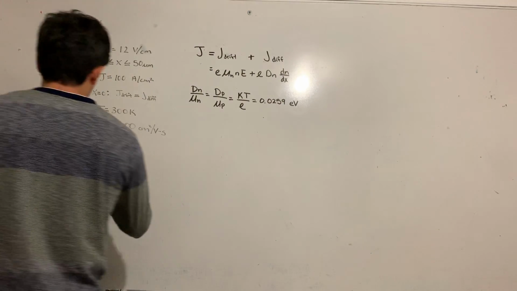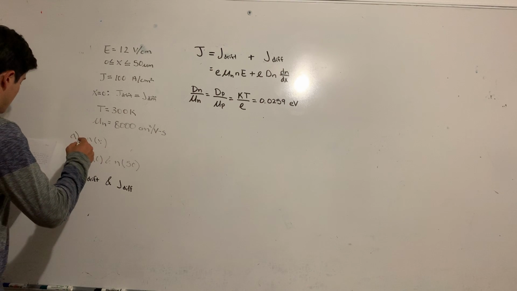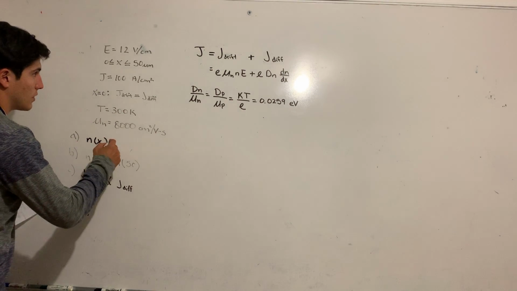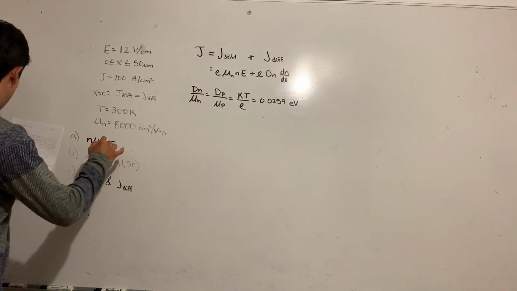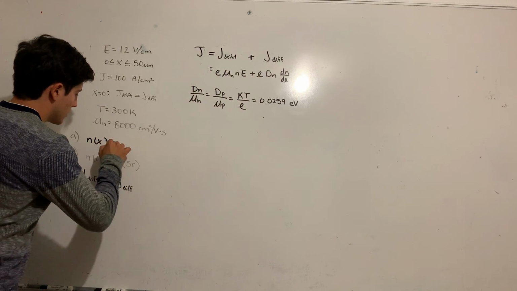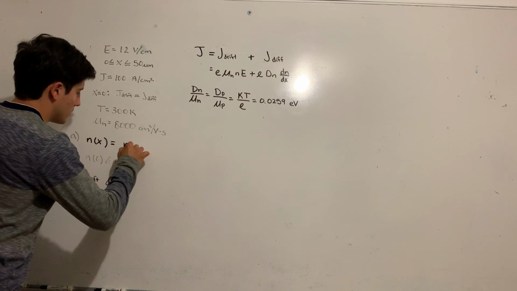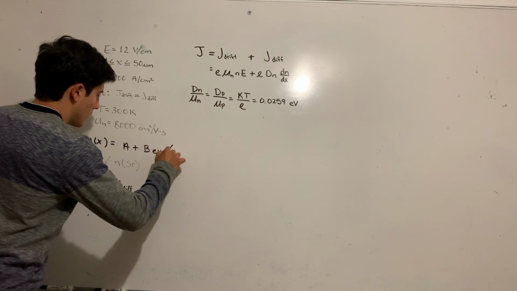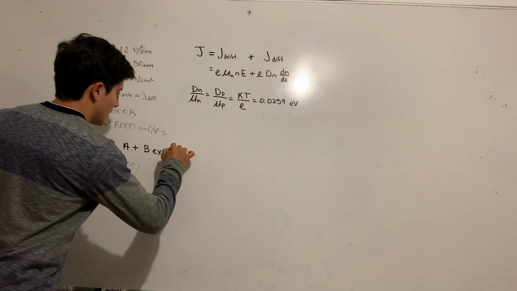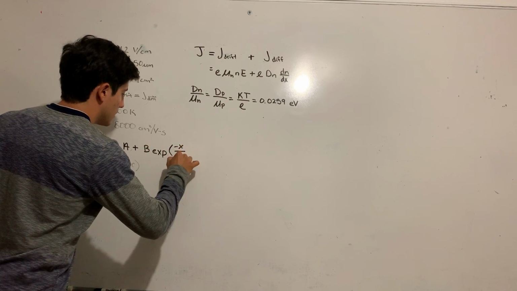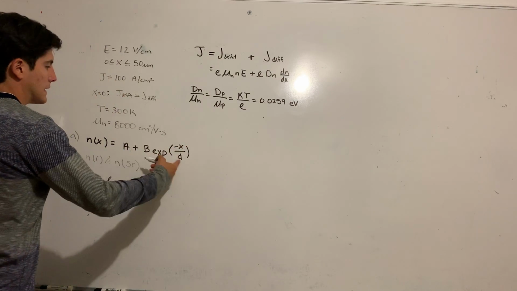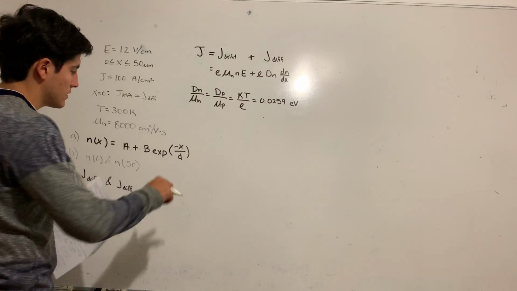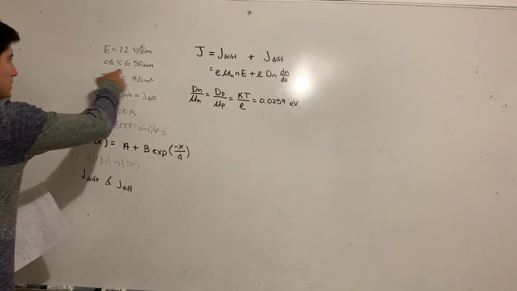So we need to find the expression of the electron concentration. We know that it's equal to A plus B exponential of minus x over d, where A, B, and D are constants that we have to get from our exercise, and x is just the distance.